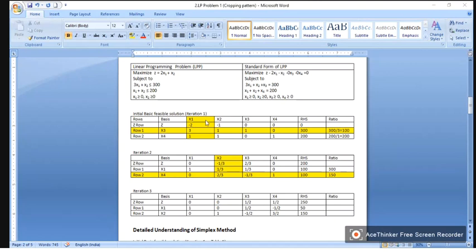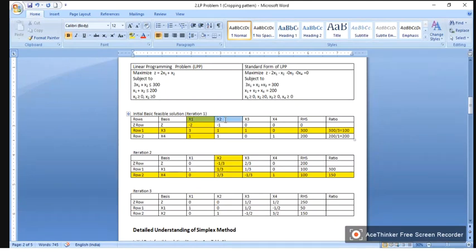So we generally have a format for the table like this. The first column is rows, the second column is basis, and the remaining columns are for variables.